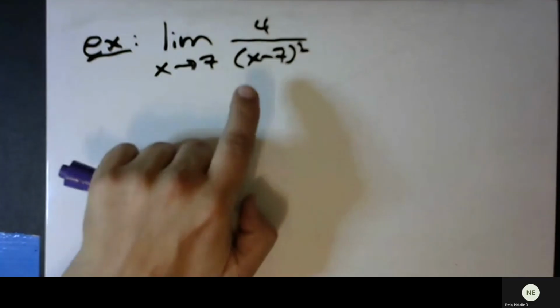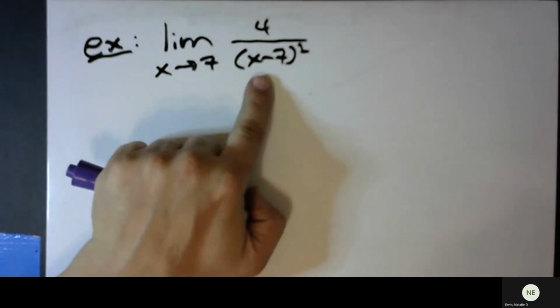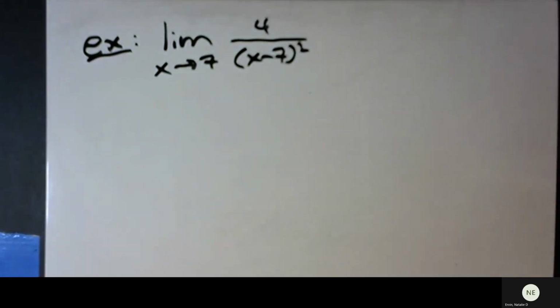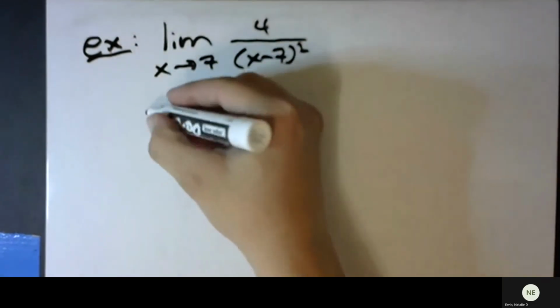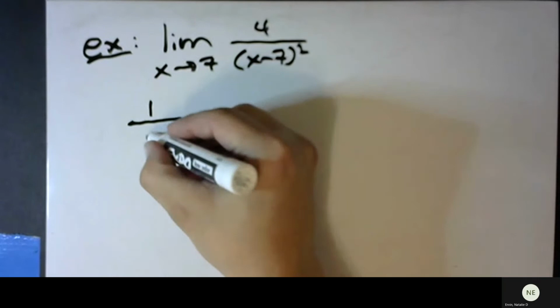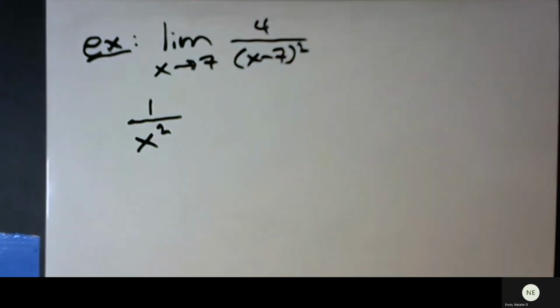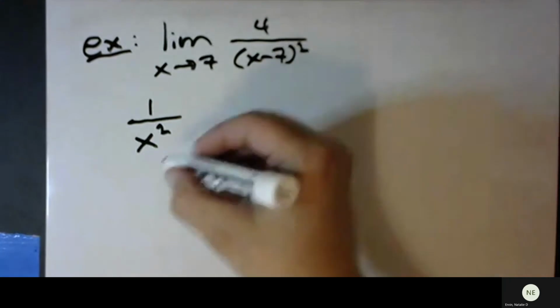So we're going to have some trouble, so to speak, when x is equal to 7. Well, sure enough, that's where x is trying to go. So one thing you can do with this is sketch a little graph. Now this is one of the canonical functions, 1 over x squared. And it looks like this.